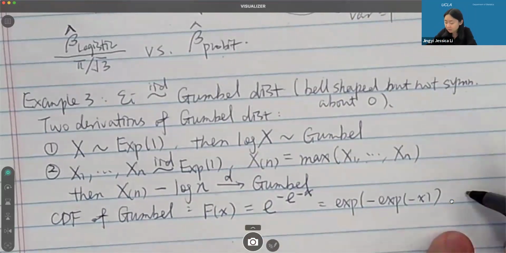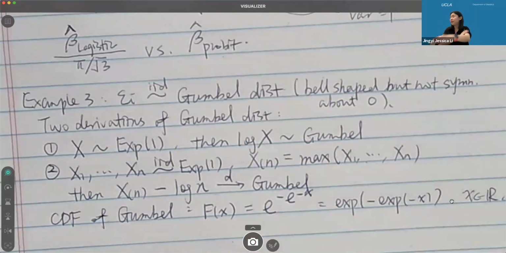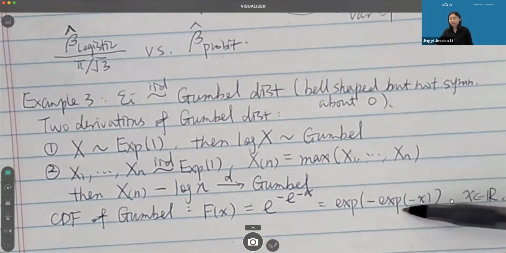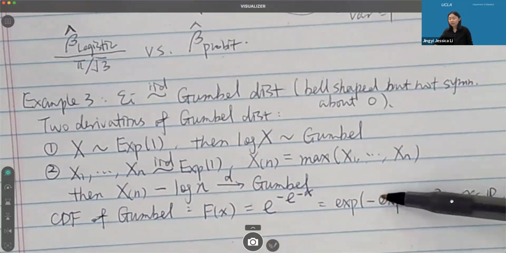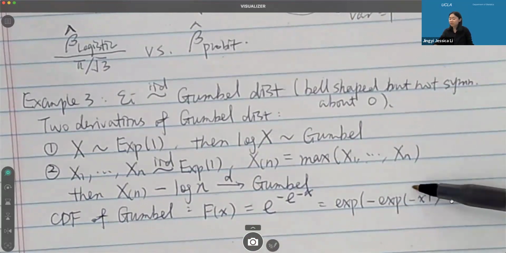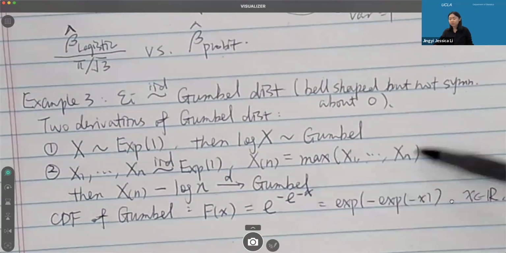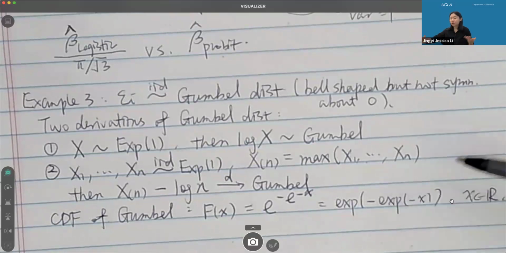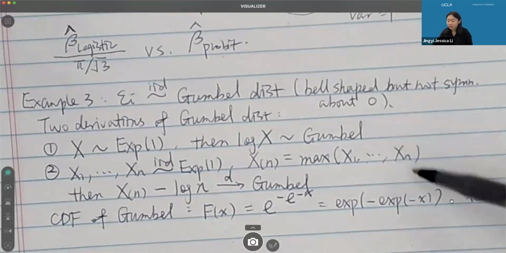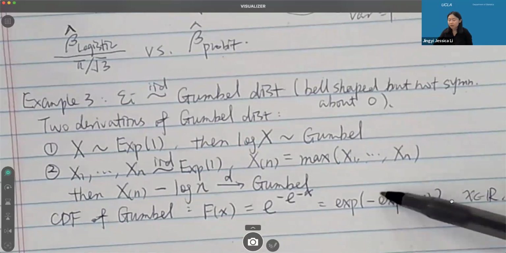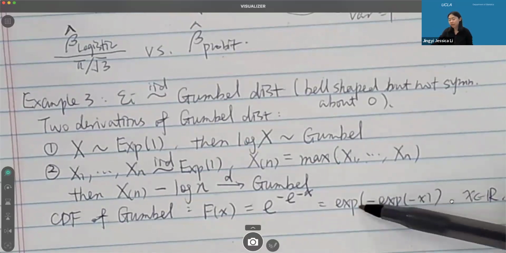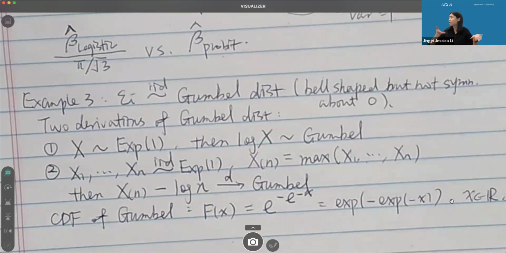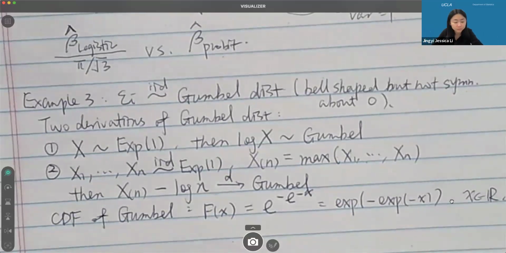And here x is still real valued. What this means is that if you have a real value x, then exponential negative x is always positive, and the exponential of a negative value becomes between 0 and 1. So that's how you change it to a 0 to 1 value.